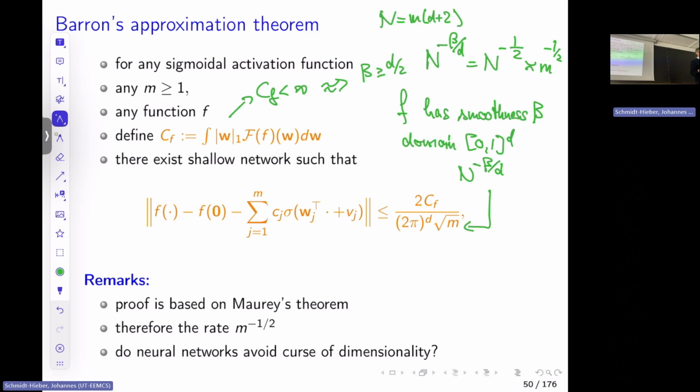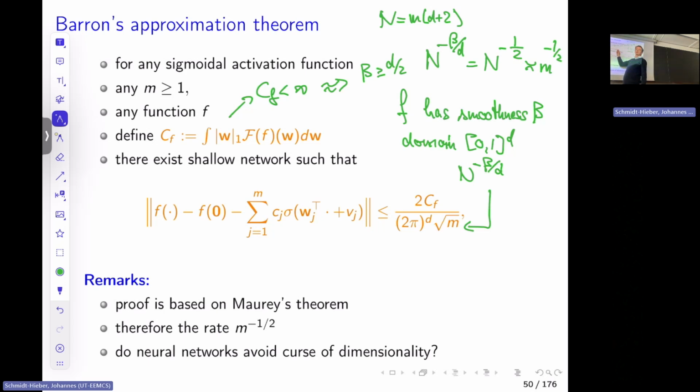And then the surprising thing is that if you write it in this form, you don't see that if the dimension of the domain increases, this to be finite requires more smoothness. But it's again something because you integrate over a higher dimensional space here as well.